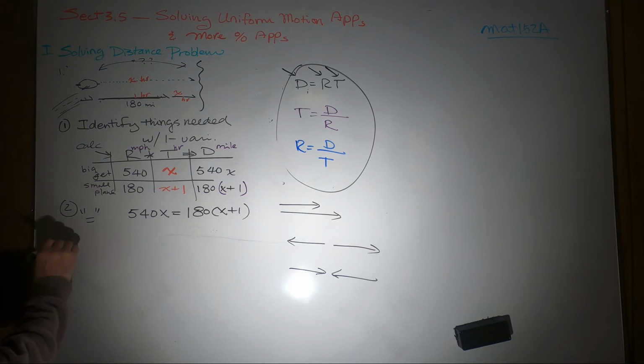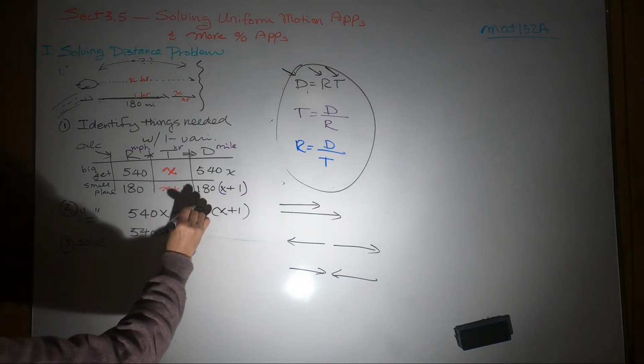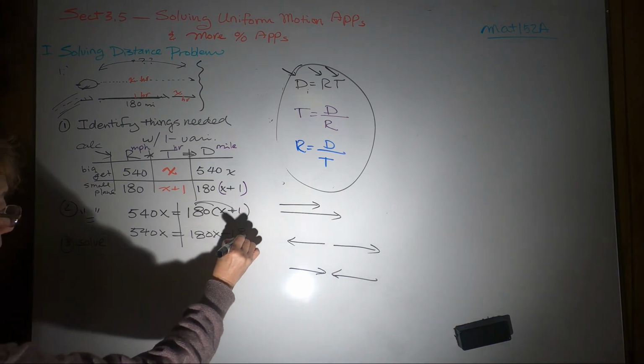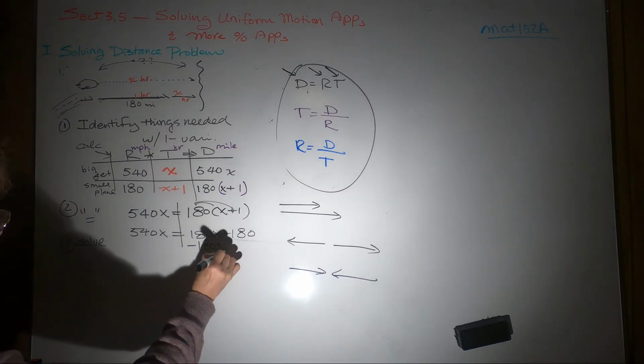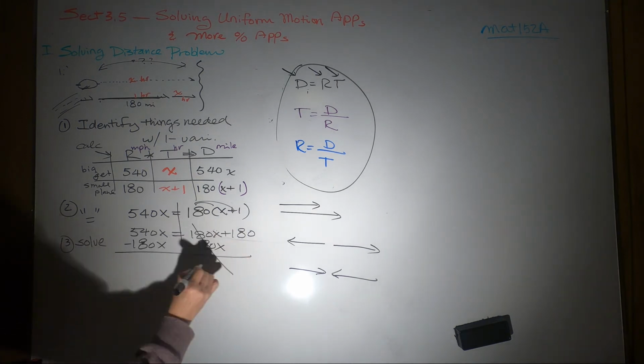So do we have a linear equation? Can you solve it? So you distribute, right? 180x plus 180. Then get the variable to one side, right?